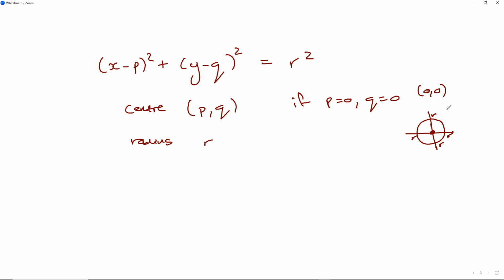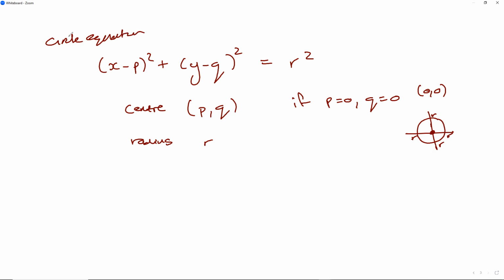And the moment we shift that whole circle around, then what happens is that the radius, or you could say the x-intercepts and y-intercepts that were there now start shifting with it. Okay, so that's the circle equation, just a general idea of that.